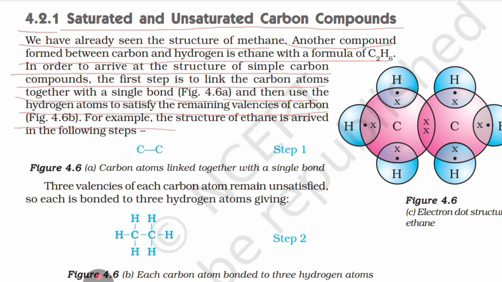For example, the structure of ethane is arrived at in the following steps. Step 1: C single bond C.